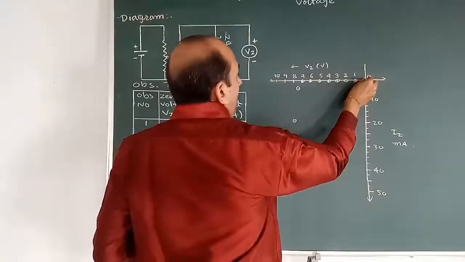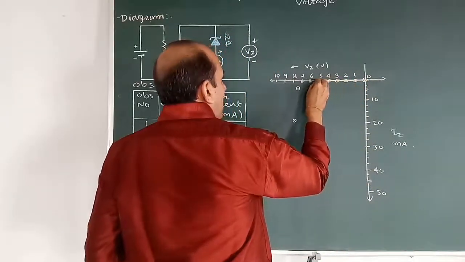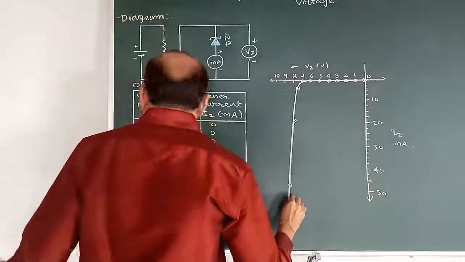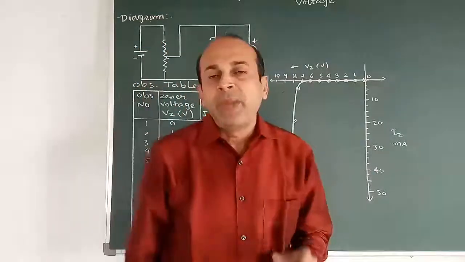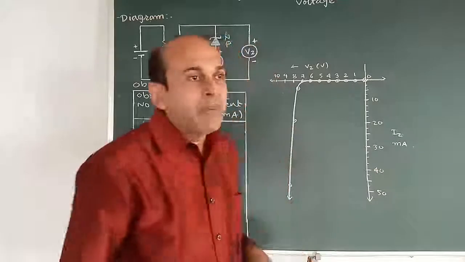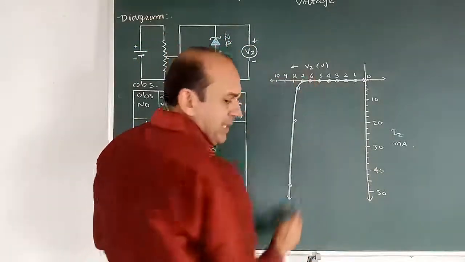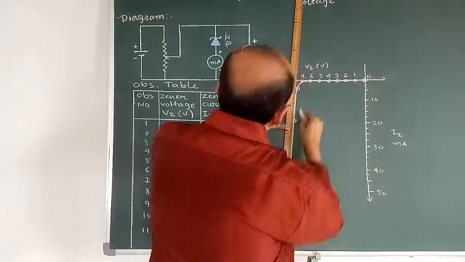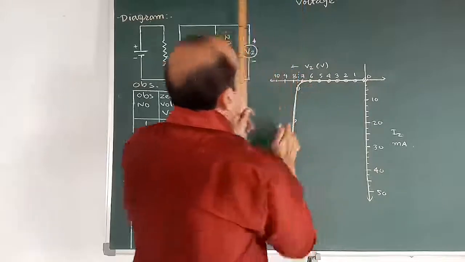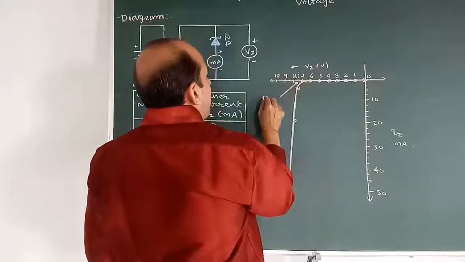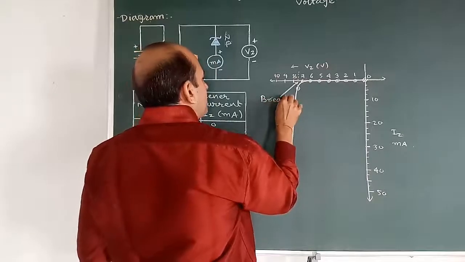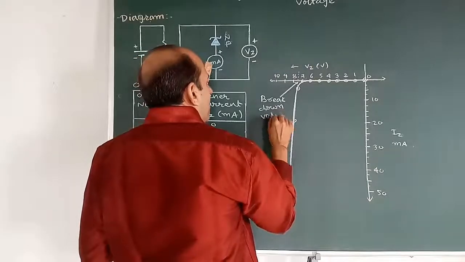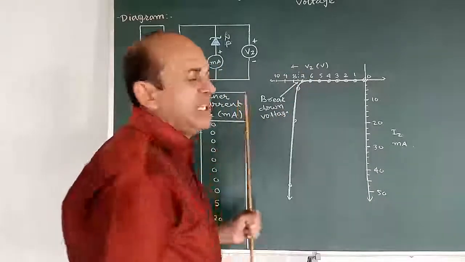So you will get a line like this, and after some voltage the current falls down like this. So this is the breakdown voltage. Where the graph drops sharply downward, that point, as you extend this line, is the breakdown voltage. Here this is 8.5, and here it is 7.5.